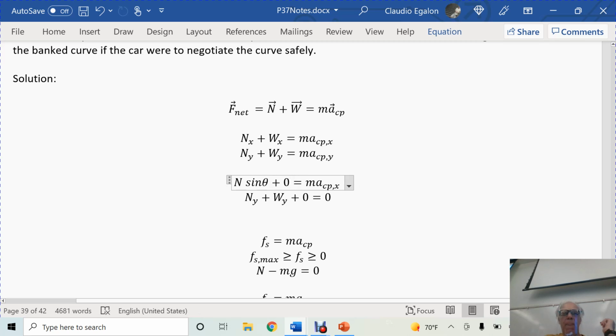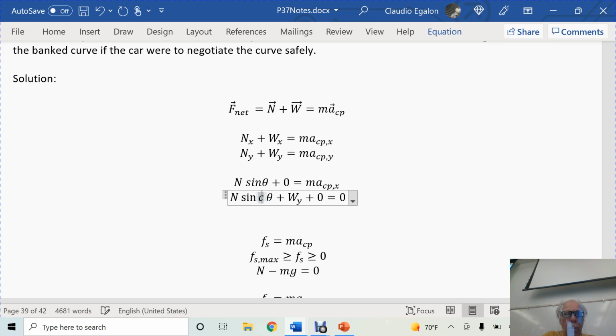I'm just emphasizing that there is no weight in there. And what else? N sub y is going to be N cosine of theta, going upwards.